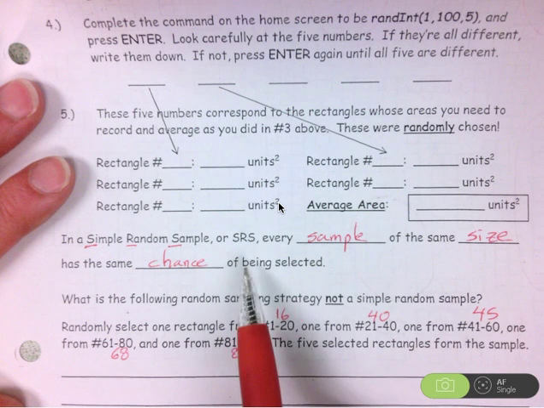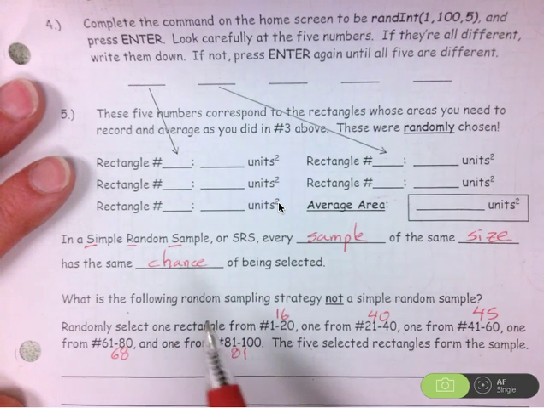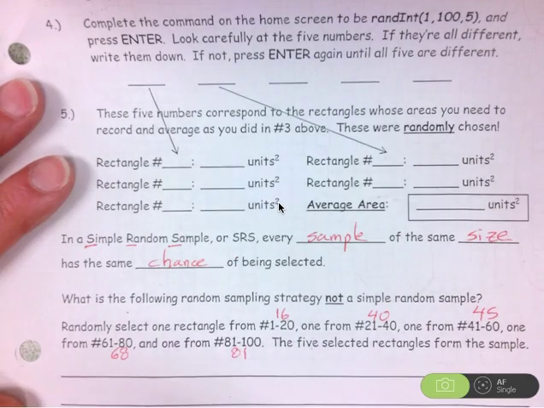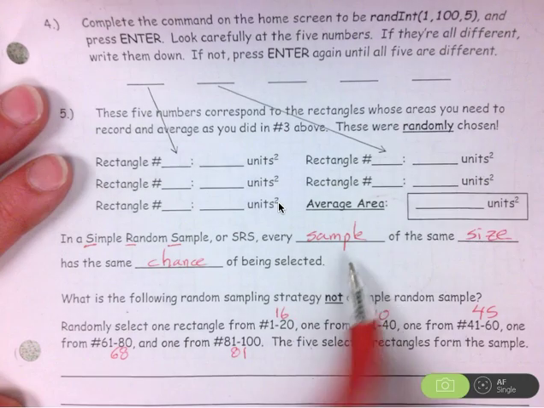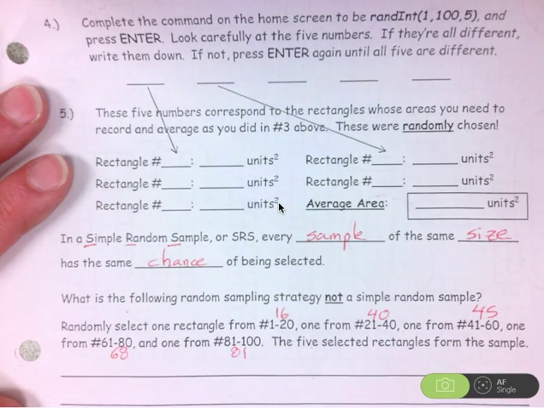To be a simple random sample, every sample of 5 has to have the same chance of being selected. Well, if I can find a sample of 5 that has no chance of being selected, where there are other samples that do have a chance of being selected that are that same size, well, then not all of those samples have the same chance of being selected. Some can be selected, some can't be selected.